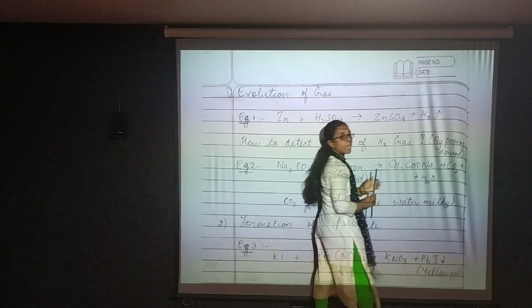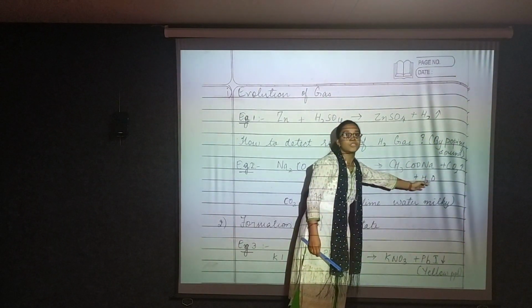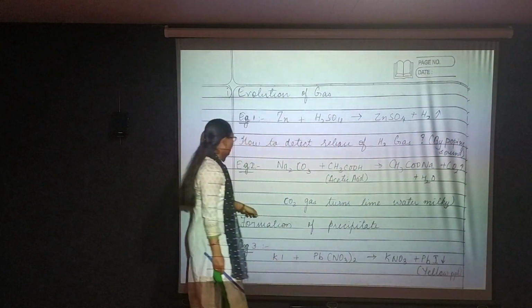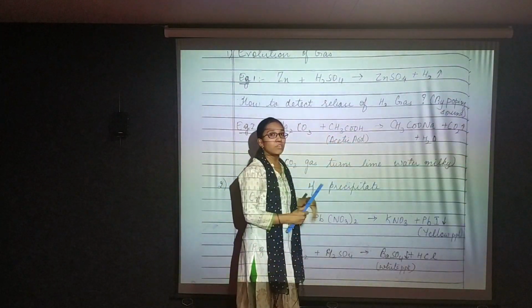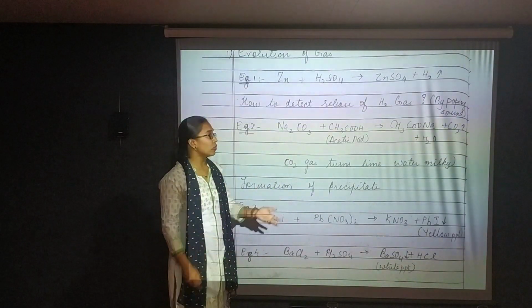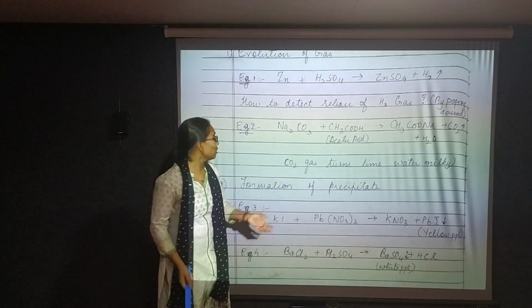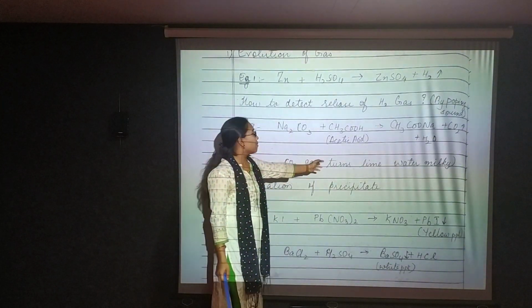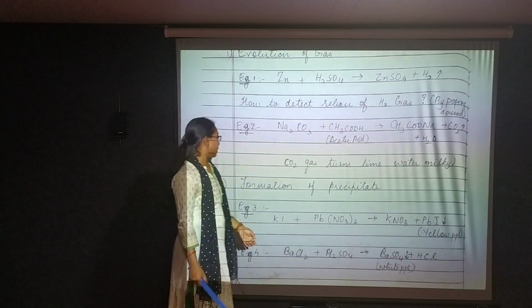This means CO2 gas is evolved, and one of the other products you will get is H2O. Now how can we detect that CO2 gas is produced or not? We cannot determine by sight if it is hydrogen gas or CO2 gas. So for hydrogen gas, as I told you, you can do the experiment with the soap water, and for CO2 gas you can pass it through lime water, and it will turn milky.